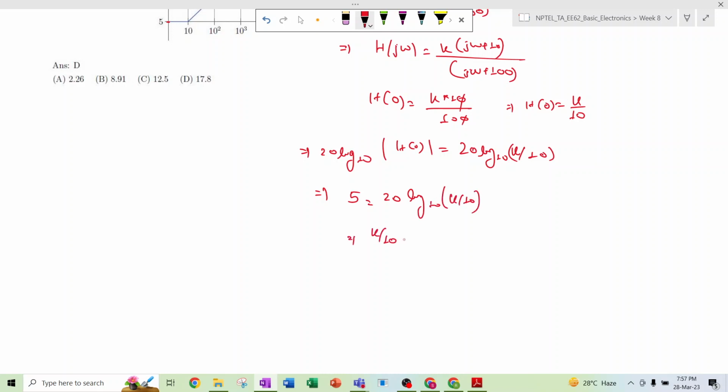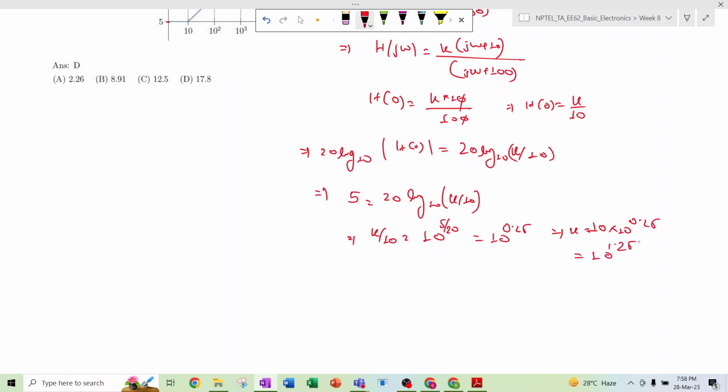So k by 10 is equal to 10 to the power 5 divided by 20. So what is 5 divided by 20? 5 divided by 20 is 0.25. So it is 10 to the power 0.25. So k is equal to 10 into 10 to the power 0.25, that means 10 to the power 1.25, right?